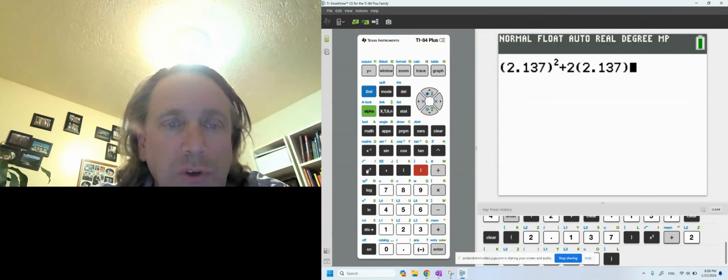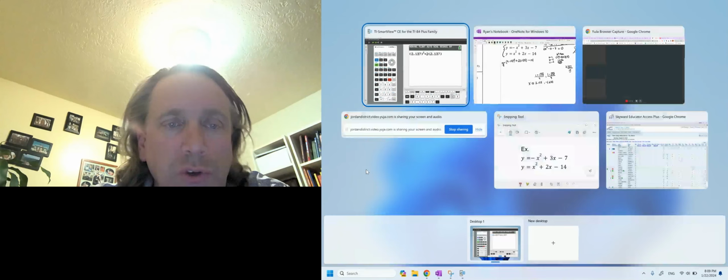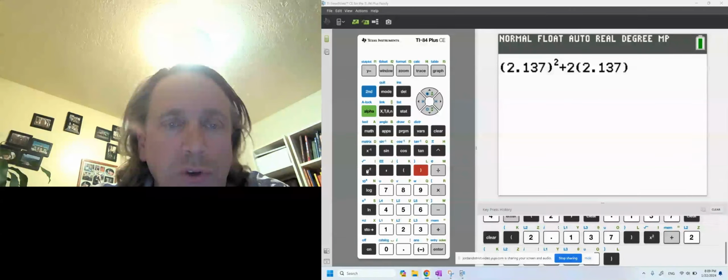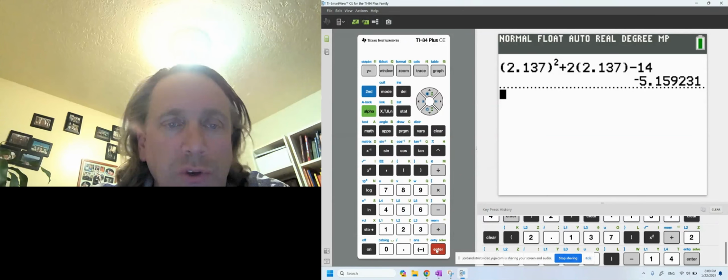And then finally, the end of that, minus 14. Then I hit enter. And it tells me that it's equal to negative 5.159. Because there's a 2 next to that 9, I'm just going to leave it at negative 5.159.